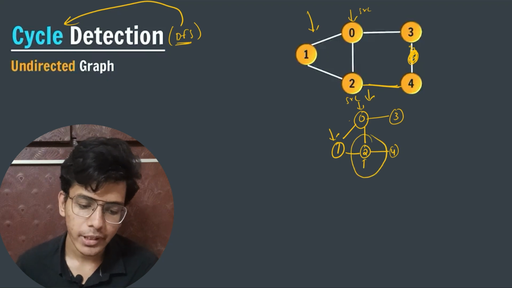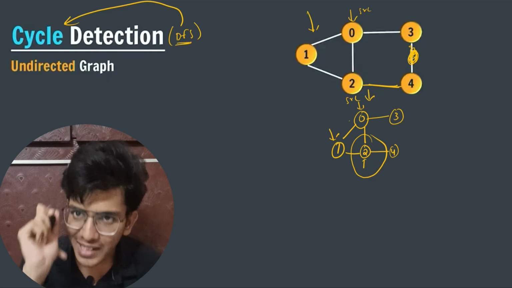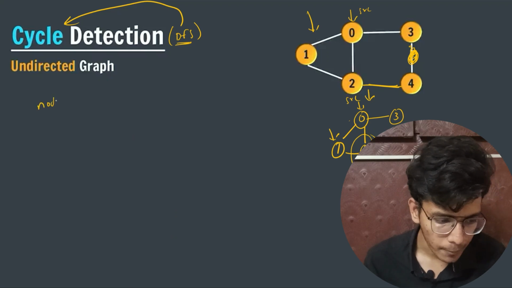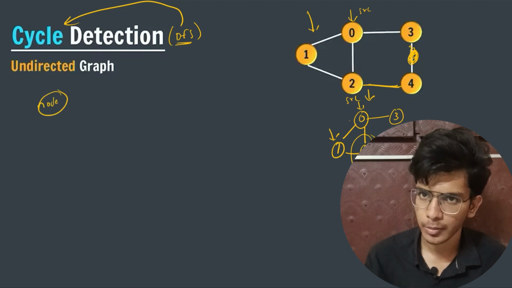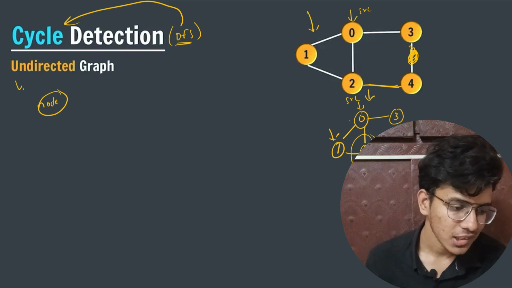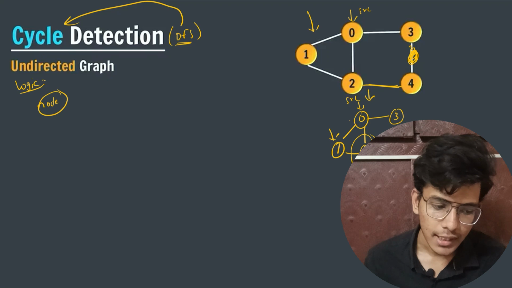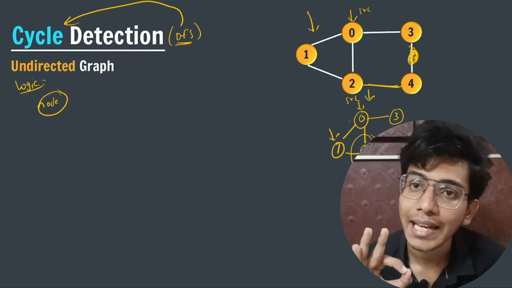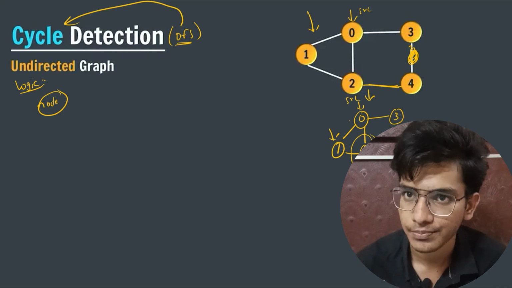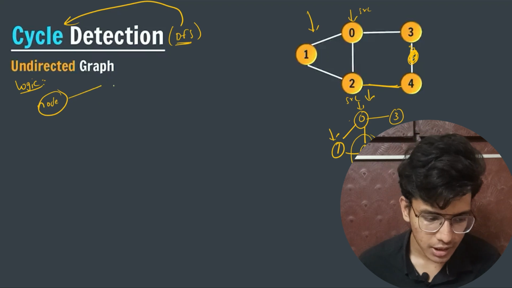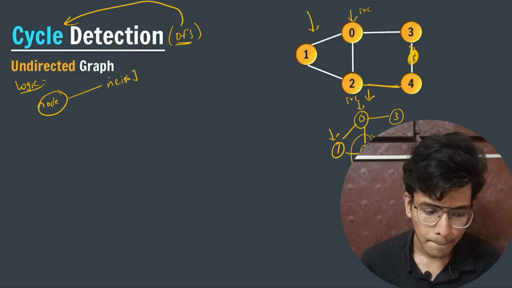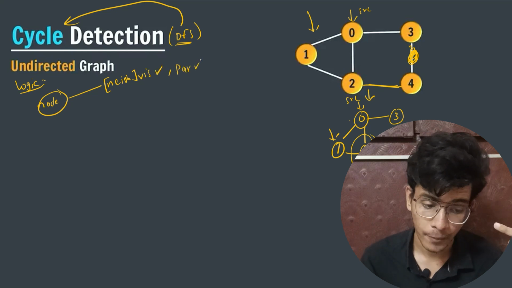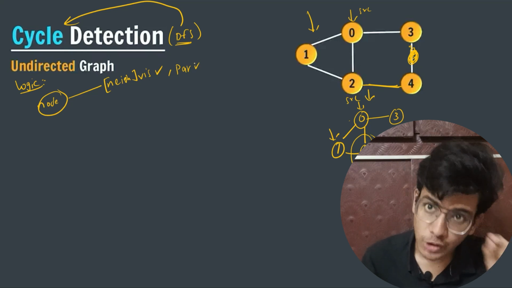Now I will observe node 2. For a given node, whatever the node might be, here I am forming the logic: it can have 3 different types of neighbors, right? The first type of neighbor is that the visited of that neighbor is true, and that particular node is the current node's parent.